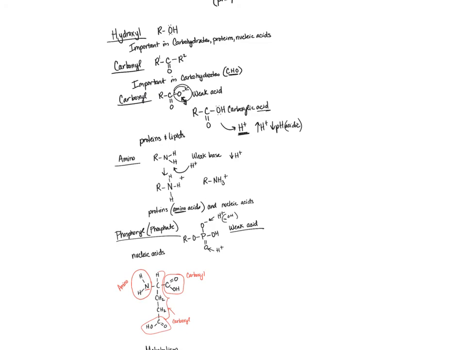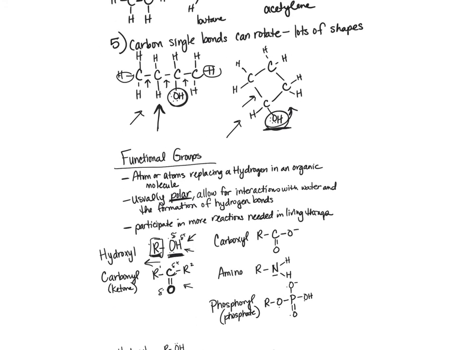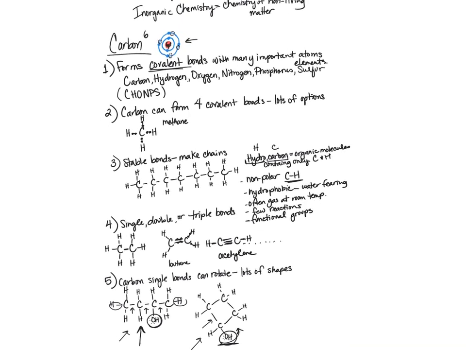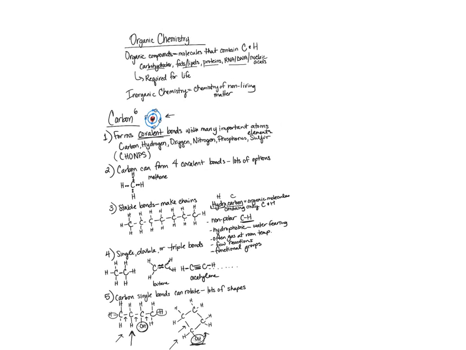So you should know these different functional groups, know what they look like and how they react or where we see them. And then we talked about what makes carbon so important. And remember, we're talking about organic chemistry, we're talking about organic compounds, the different ones. We talked about carbohydrates, lipids, proteins, and nucleic acids. Those four are biological molecules, and they include carbon, and we have our 5 different reasons why carbon is so important.